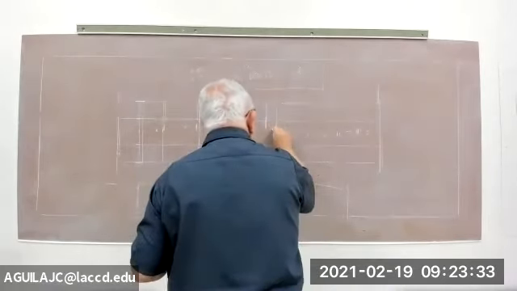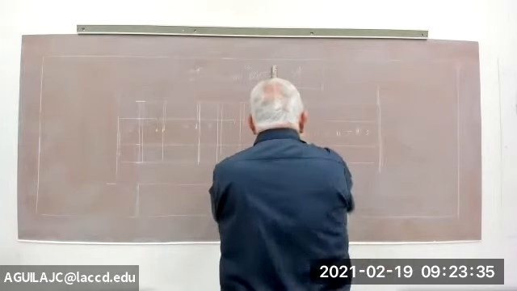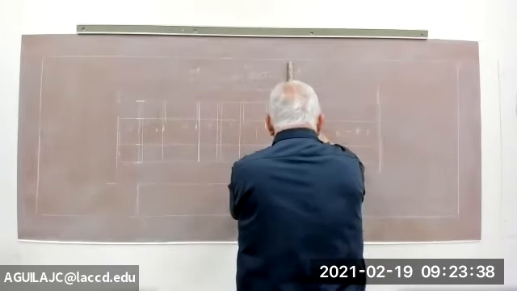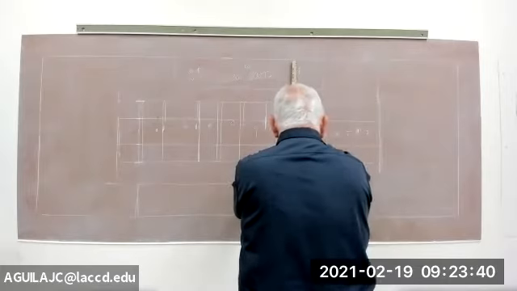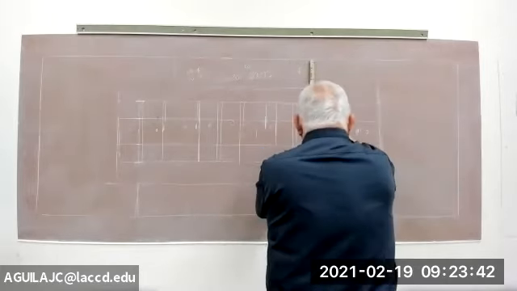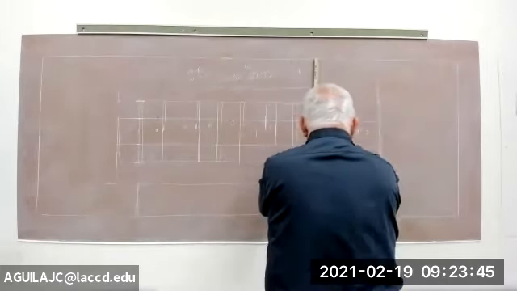And here's my space. I'm going to put in my B for boot. I'm going to put in my O. I'm going to put in my second O.